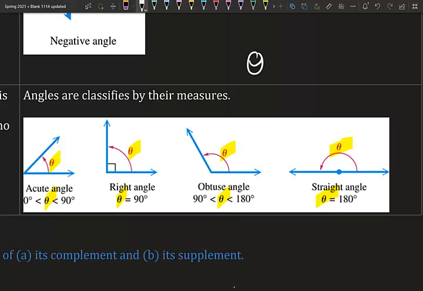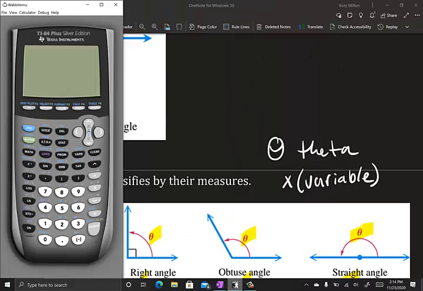Theta just means x. It just means a variable. So if you look on your calculator, you see where it says next to the green button, x, t, theta, n? See how they all mean the same thing? It just means variable, but now we're just using theta as our variable.